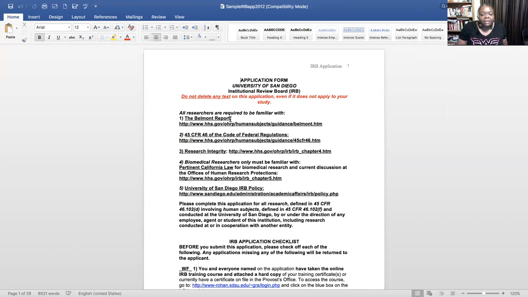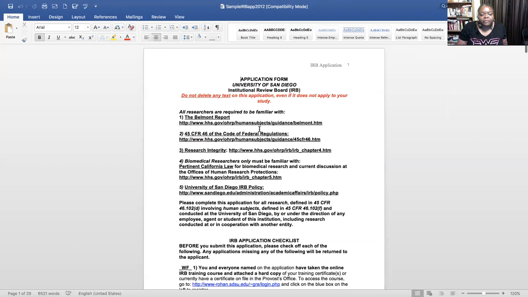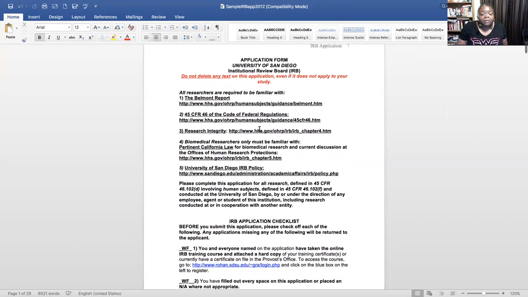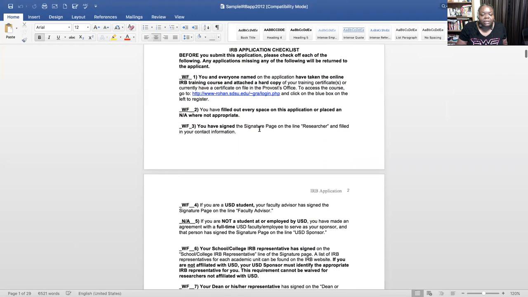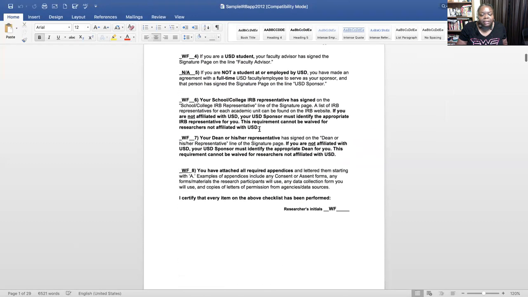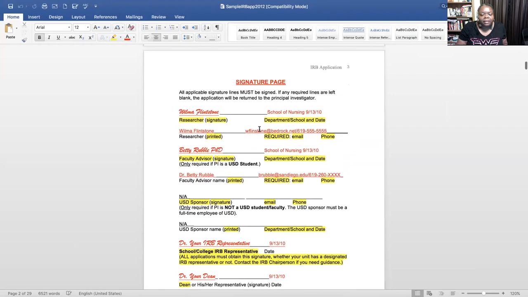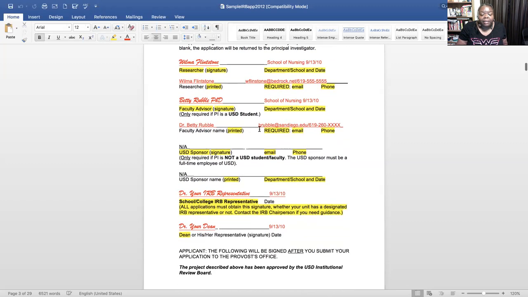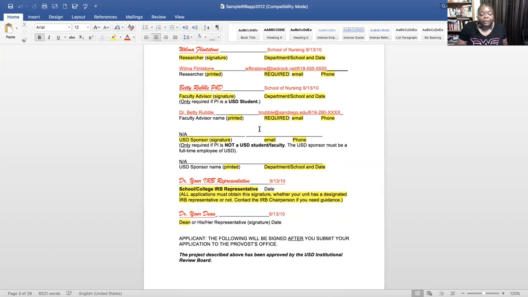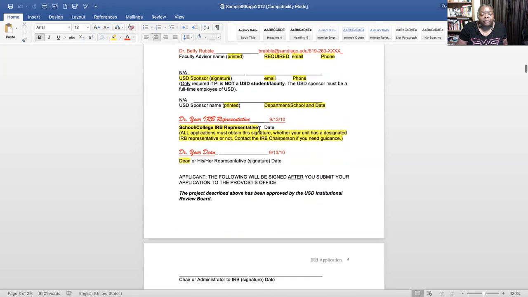They have it filled in with some fictitious information, but it just goes through and gives you a checklist of what you need to complete within the application. And then you have a signature page for both the researchers and their faculty advisors, and on the bottom it has the spot for the IRB representative and the dean to sign off on as well.